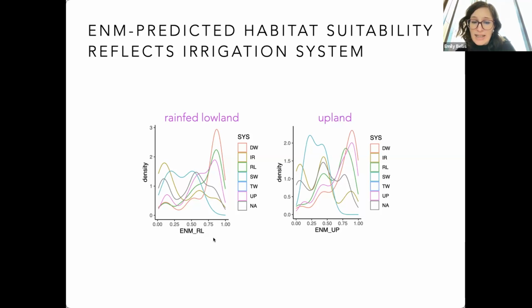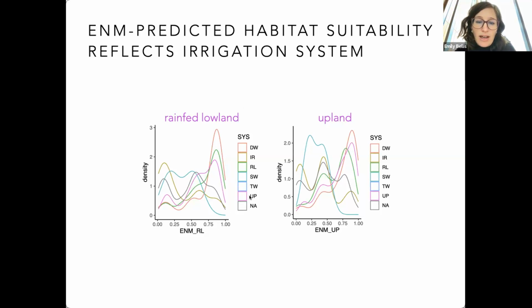And actually what we see is that the rain-fed lowland models, for example, actually tend to overlap a lot of the areas for some of the other dryland irrigation systems, at least in terms of the projected habitat suitability.